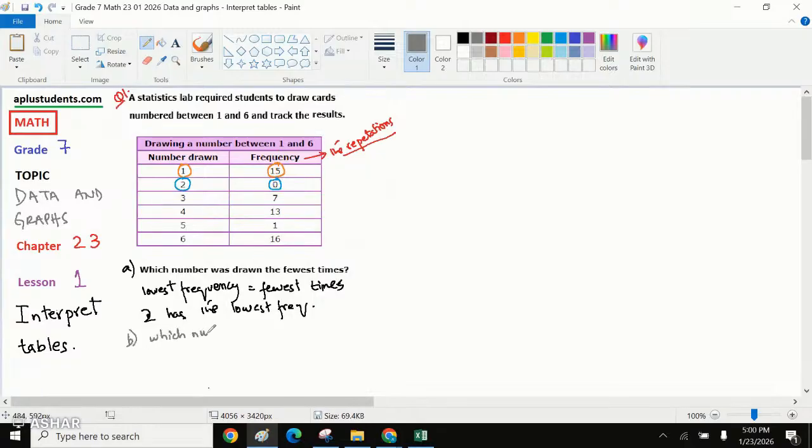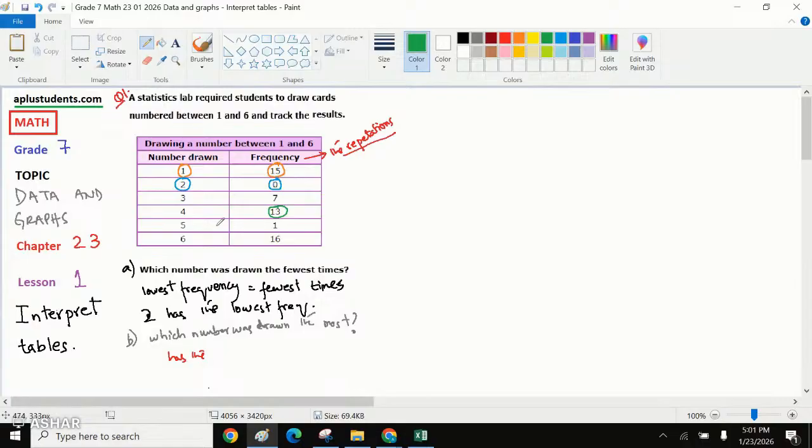And if I would say which number was drawn the most number of times, we will look at the highest frequency. 1 has the, no, sorry, my bad. Let's look at the complete graph. 3 was 7, 4 was 13.